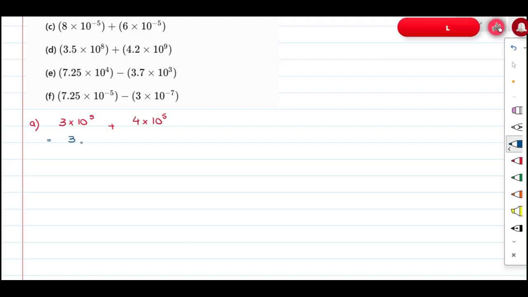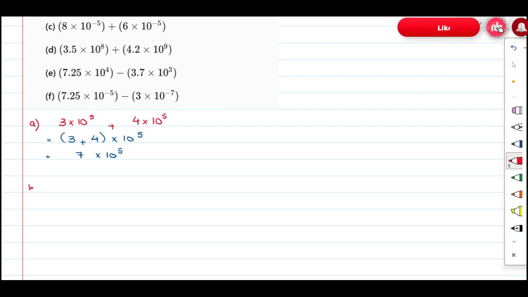So 3 plus 4 inside the bracket, multiplied by 10 to the power 5. 3 plus 4 is 7, so 7 times 10 to the power 5. This answer is in standard form because 5 is an integer and the number 7 is in the range between 1 and 10, right?